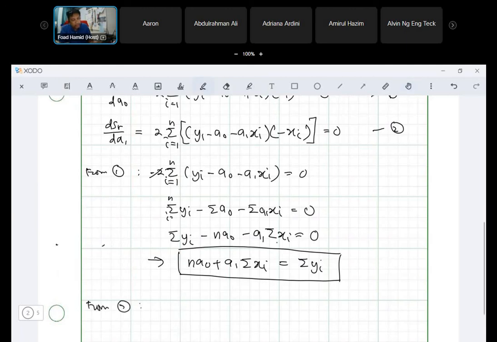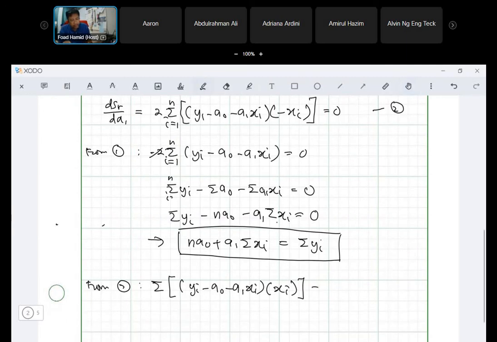What we have here is again the same thing. The 2 will be gone because it is equal to 0. Then what we have here is a summation of yi minus a0 minus a1 xi, times xi, and this should equal 0.